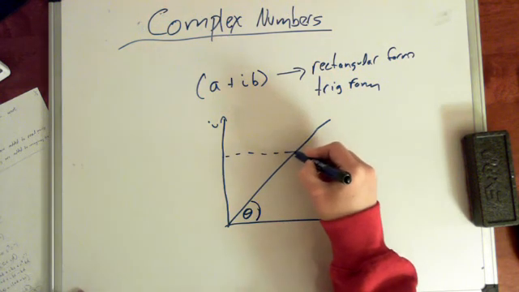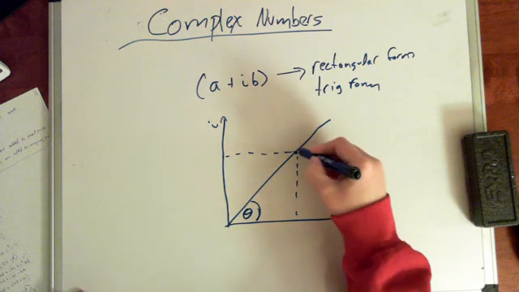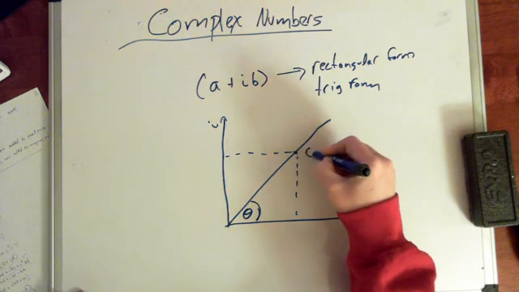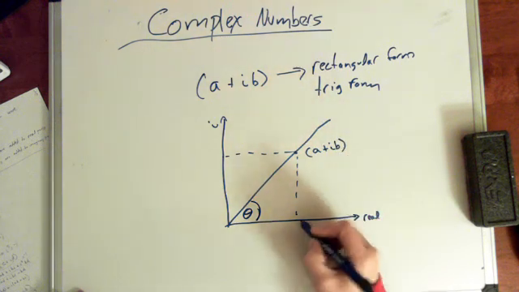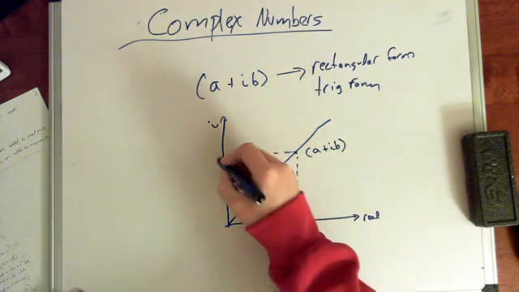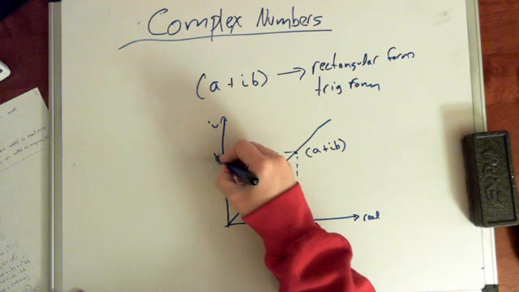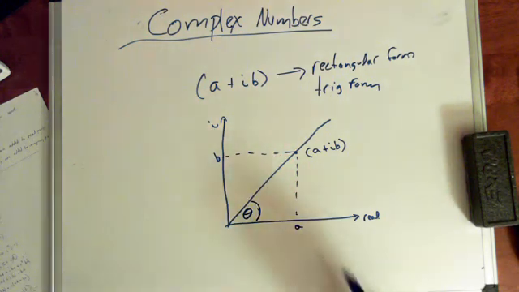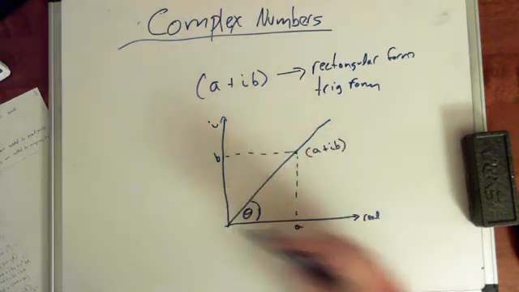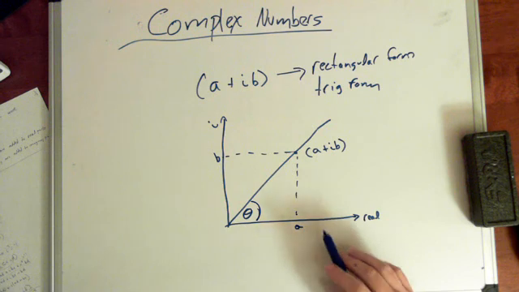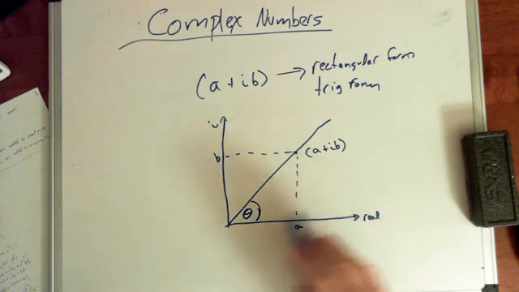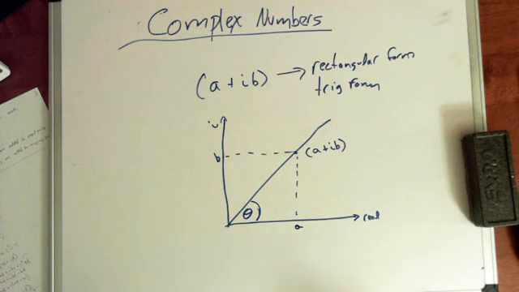We've got this point here, which is a plus ib, this being a and this being b. For this lesson, we won't really use it much, but we'll use this when we look at polar coordinates, which ties back to our imaginary number. So I just wanted to highlight this in this video.